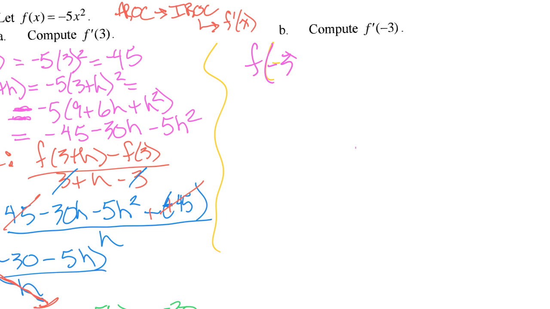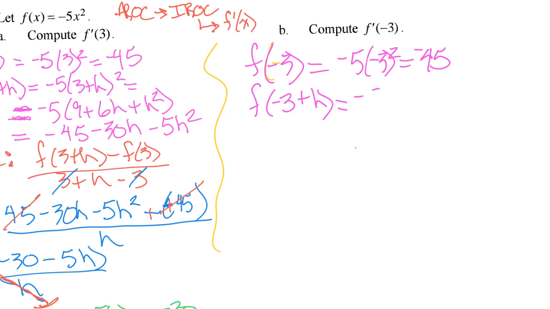f of negative 3 is going to be negative 5 times negative 3 squared, which is also negative 45. And f of negative 3 plus h is going to be negative 5 times negative 3 plus h quantity squared.